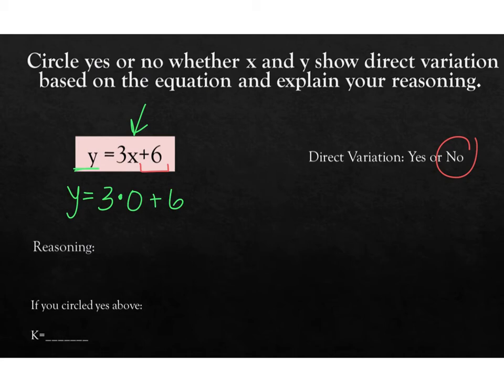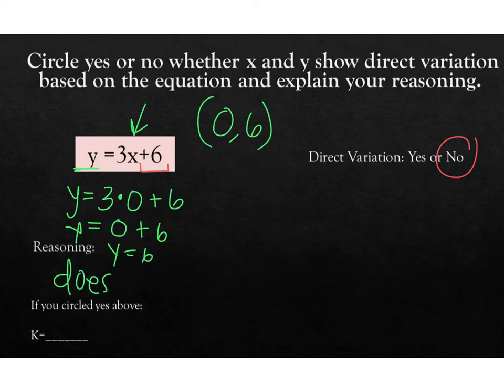Order of operations tells us we're going to do 3 times 0 first, which is 0, plus 6. And what happens is we get y equals 6. So when our x is 0 here, our y is 6, which means this does not go through the origin, okay? It has to go through the origin for it to be direct variation.